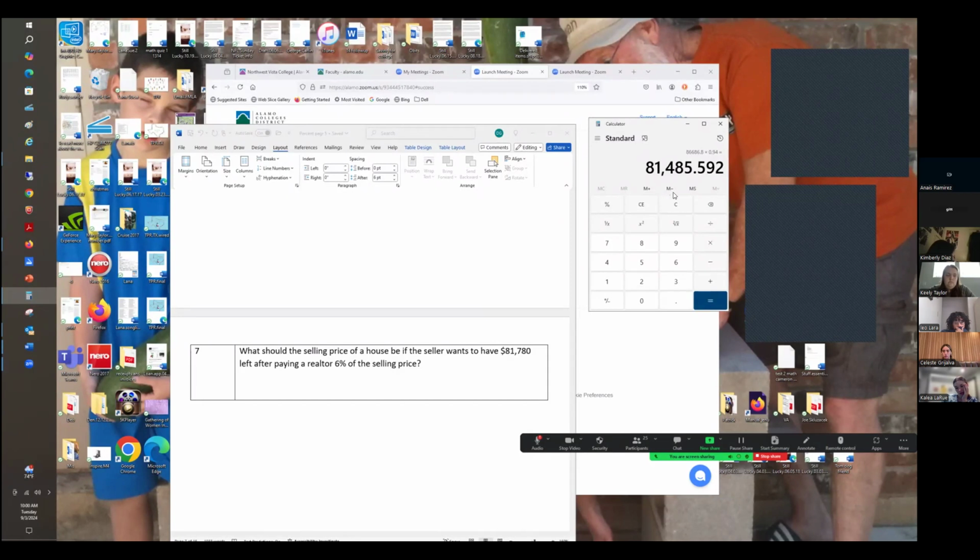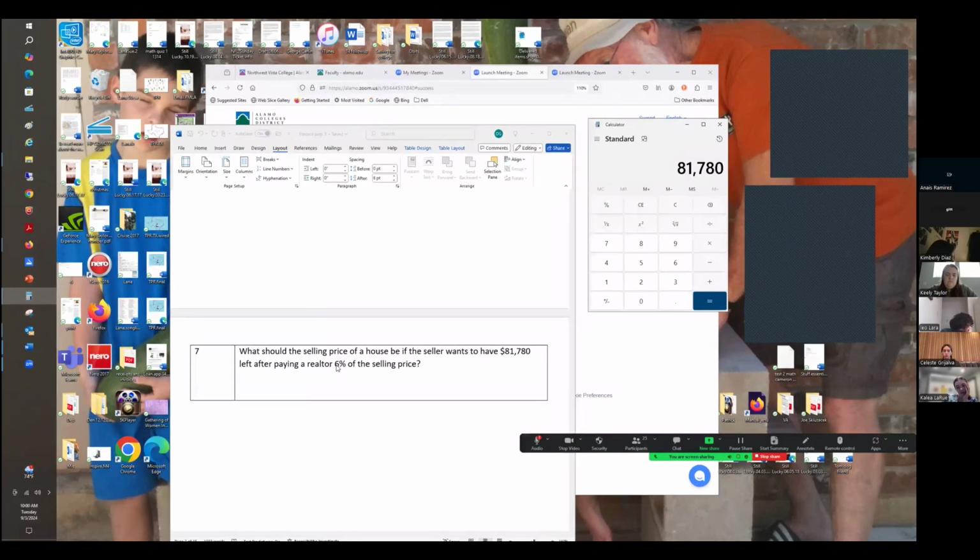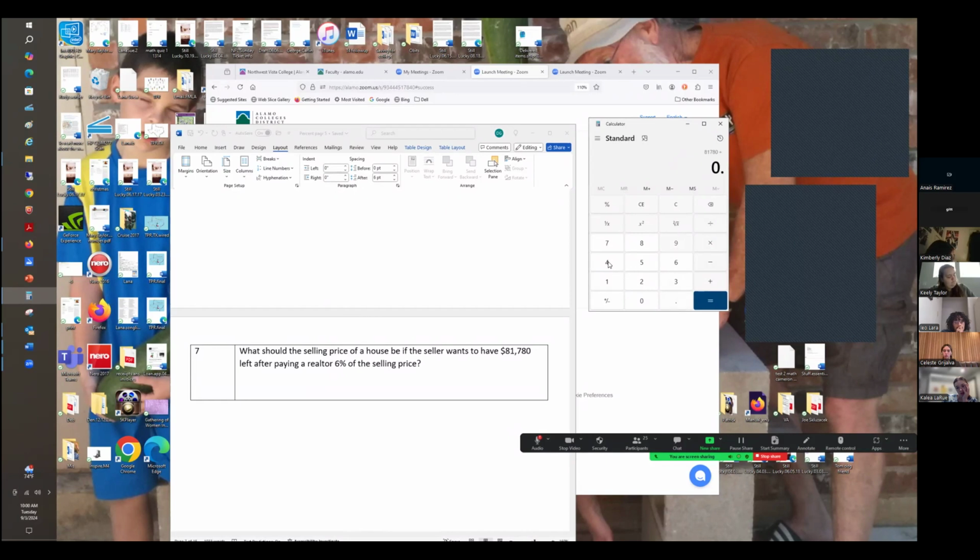What you have to recognize is that $81,780 is the seller's percent of the sale. The seller's percent is the other 94%. So this is 94% of something, and to figure out what, it's 81,780 divided by 0.94.